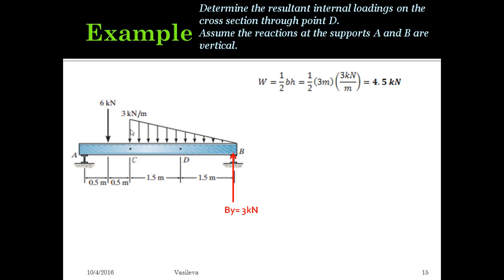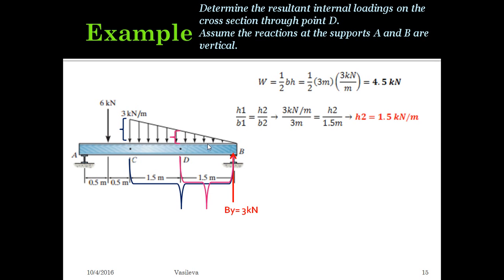We previously determined the overall weight to be 4.5 kilonewtons, right? But now we want to determine the weight just for part D to B. The way we do that is by taking ratios. So I do the height of the overall triangle over the base of the overall triangle equals the height of the smaller triangle over the base of the smaller triangle.